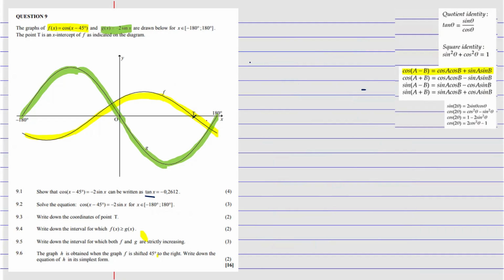We already know that cos(x − 45) equals negative 2 sin x. We already know that this is the same as tan x equals negative 0.2612. You guys agree that we already reduced it into this tan, right?